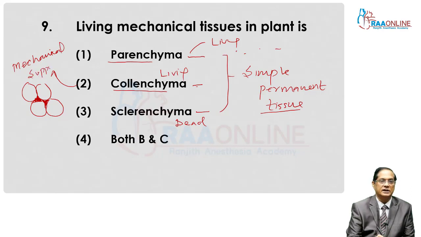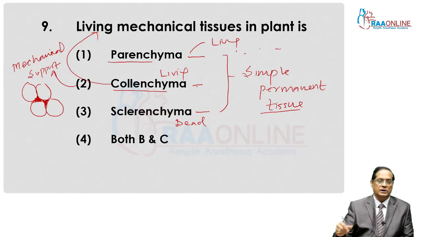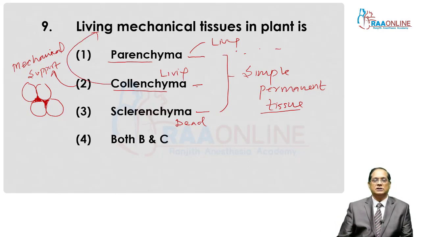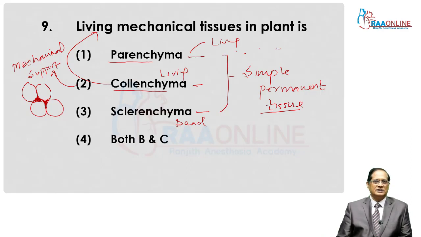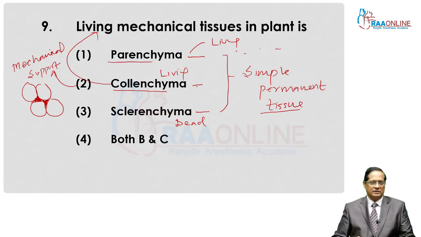So we can say collenchyma are the living mechanical tissues of plant. Collenchyma is restricted to herbaceous plants only. It is found in very few areas of dicot plants.